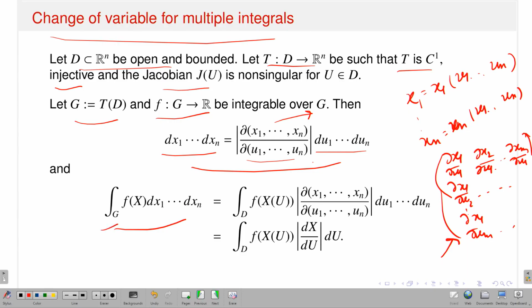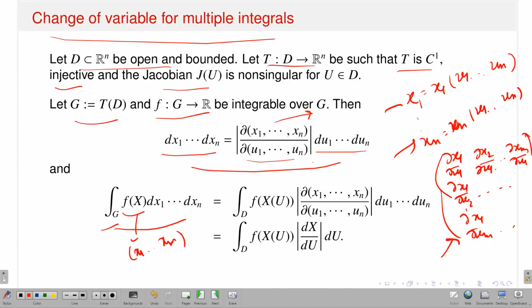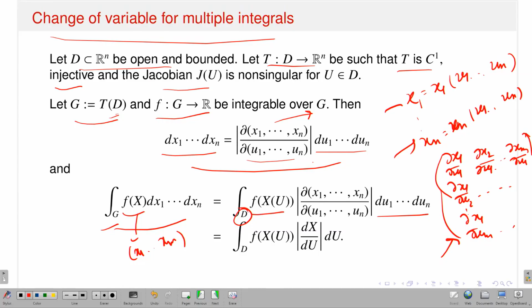If I integrate over the domain G in my variables x1, x2, ..., xn the function f of x, where x is x1, x2, ..., xn, which are functions of u1, u2, ..., un, then this is exactly equal to the integral in the variables u1, u2, ..., un over the domain D, because G is T of D. So we have du1, du2, ..., dun, and the integrand becomes f of x of u, multiplied by the extra factor, which is the absolute value of the Jacobian of x1, x2, ..., xn with respect to u1, u2, ..., un.